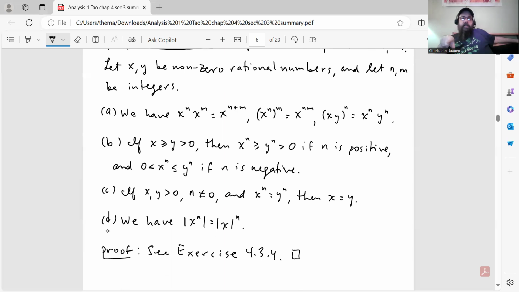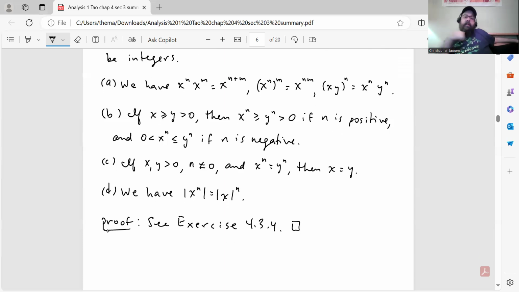Second one is similar as well, except if n is negative, the order gets reversed. So maybe I should read it out anyway. If x greater than or equal to y greater than 0, then x to the n greater than or equal to y to the n greater than 0 if n is positive, and 0 less than x to the n less than or equal to y to the n if n is negative. So like I said, if you exponentiate to a negative exponent, you have to reverse the order of the inequality.